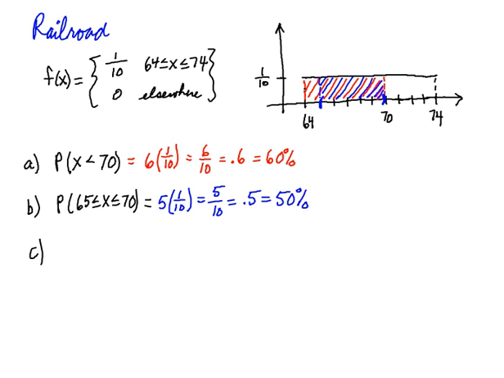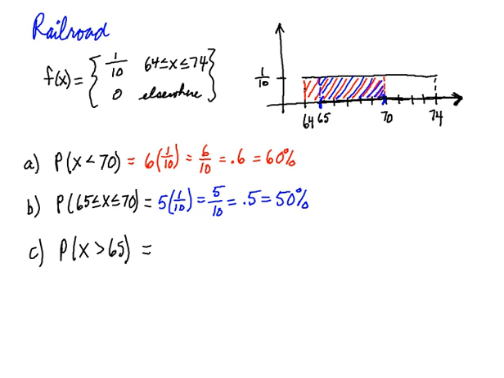Okay, C, the probability that X is greater than 65 minutes is equal to, in this case, the interval from 65 forward. So we'd be talking about the entire line from 65 on.